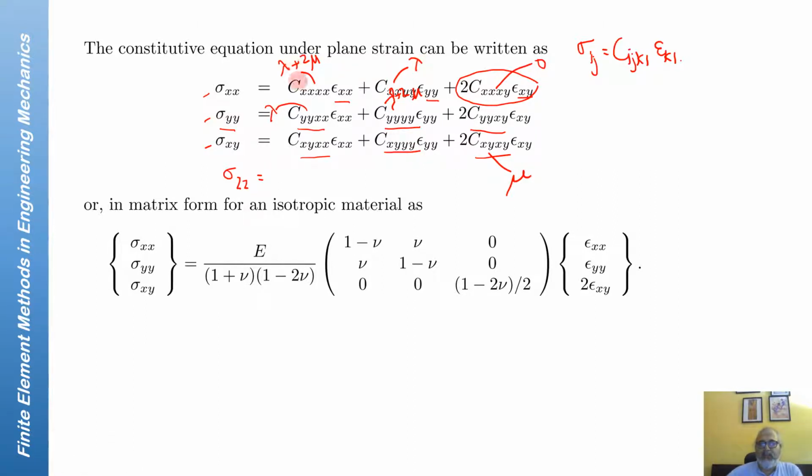So now you convert this into E and nu terms, and this is the stress strain relationship that you will get in case of plane strain for an isotropic material. And this form is quite famous, quite well known, and we will use it quite often.